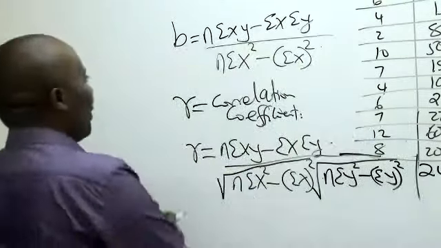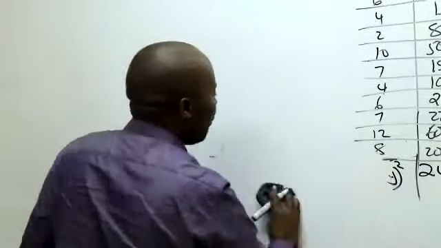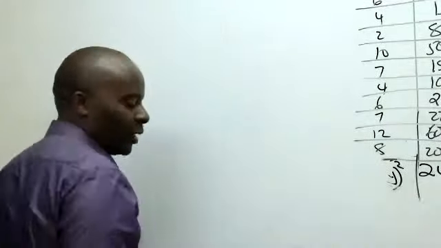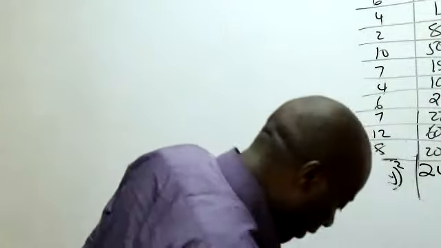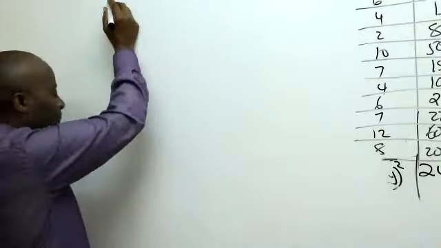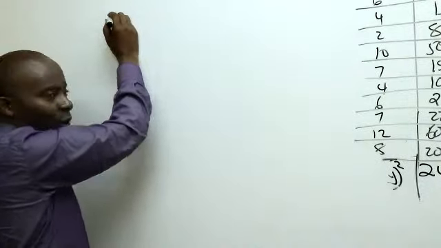Allow me to write this formula in a better way, in a way that you'll be able to understand once and for all, ladies and gentlemen. They want us to write the Karl Pearson's equation.